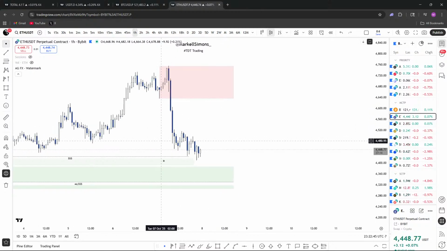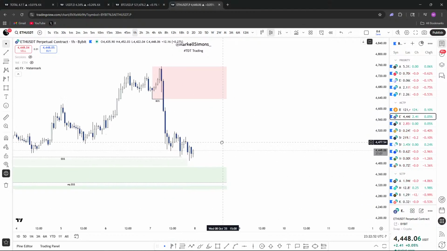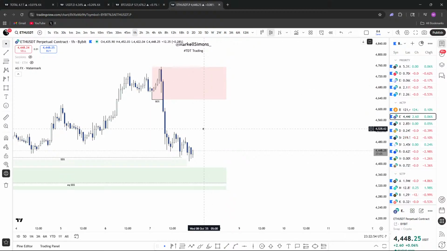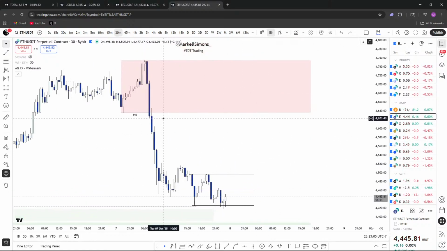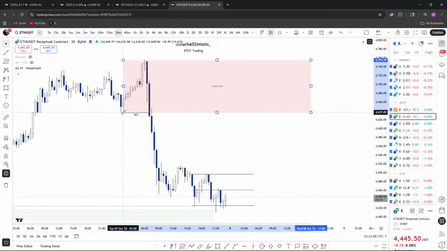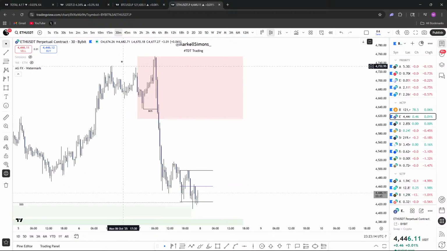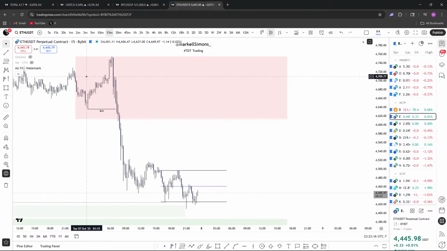So on the hourly, we broke structure back to bearish right here. I would probably pull my range from this low to this high, looking at it from first glance. And this is not a valid supply POI. Let's see what it looks like on the lower time frame.